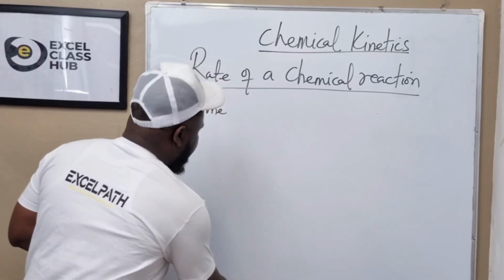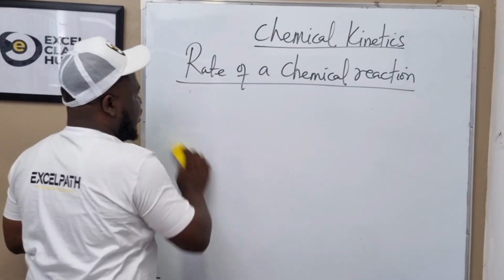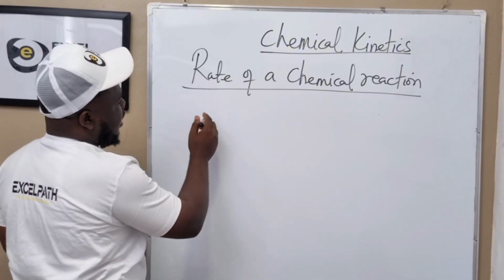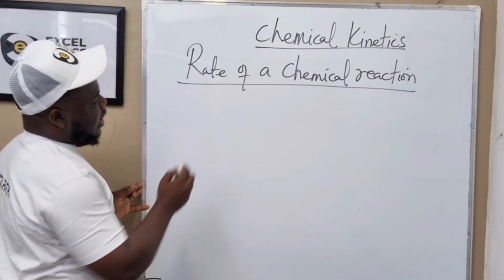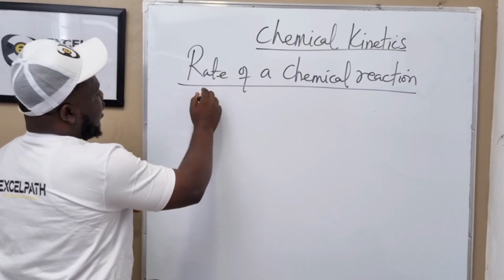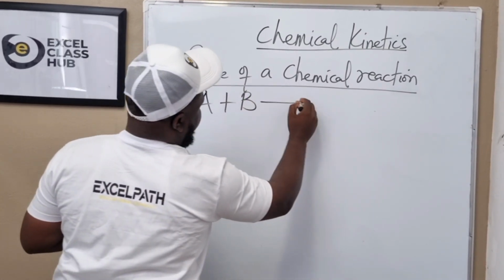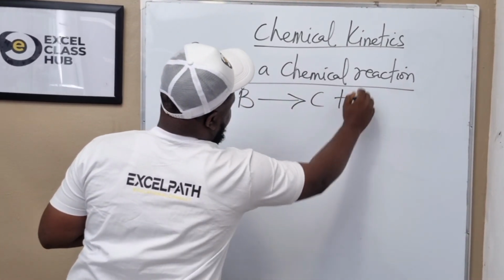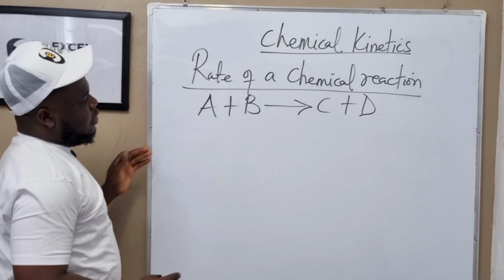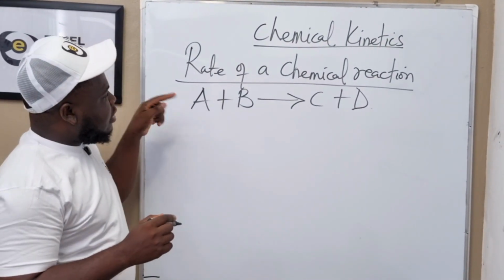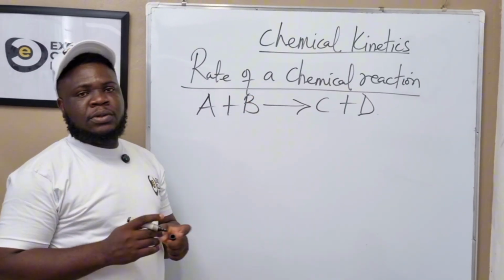Now, in the context of chemistry, since we are talking about rate of a chemical reaction, first of all, in chemistry, we normally represent a chemical reaction in the form of a chemical equation. Take for instance, A plus B to give C plus D. This is a chemical equation, and in chemistry, chemical equations represent chemical reactions.